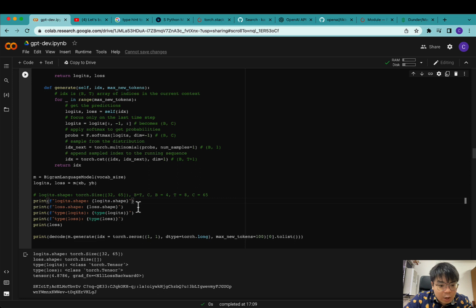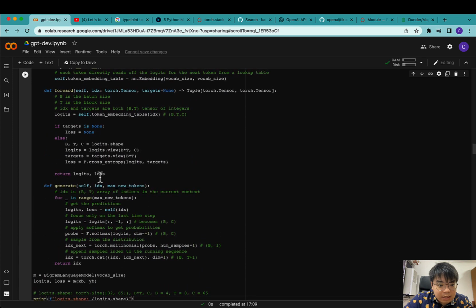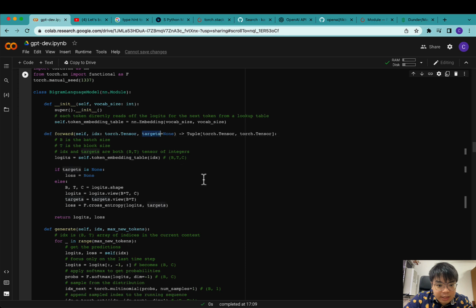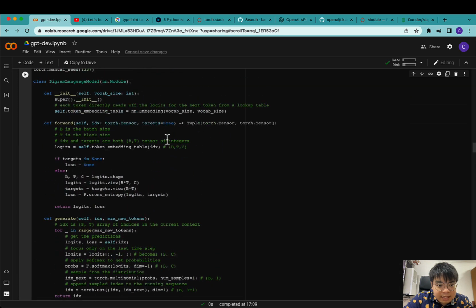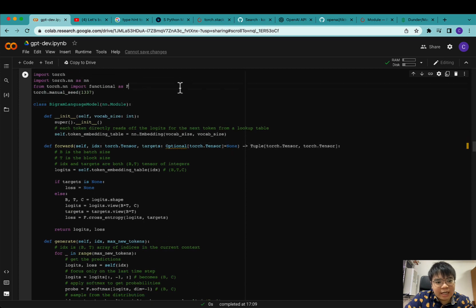And our loss in this case is, oh, empty. Is it because we didn't pass in any? No, we did pass in targets. So how did they use the targets? Okay, so this is also a torch tensor, but since it's None here, for some reason the type hint is None. So it looks like this could be optional. Under what conditions would you want targets to be None though?